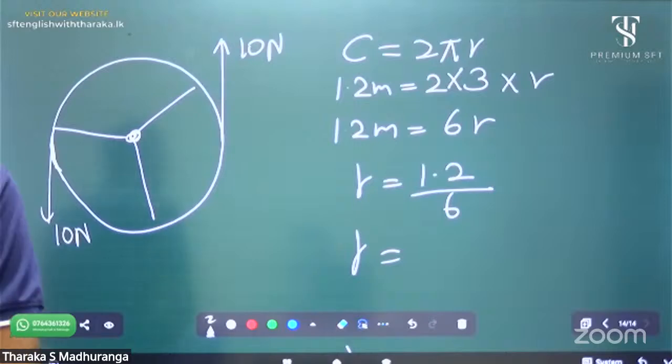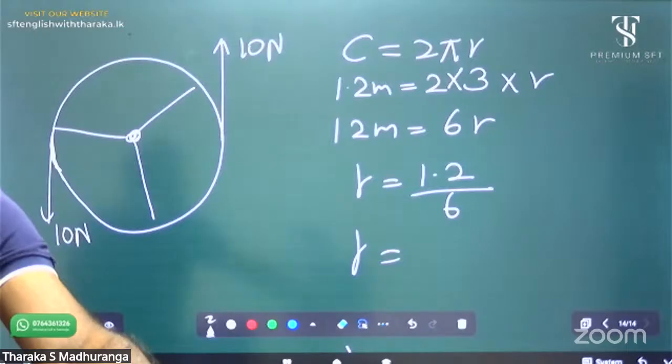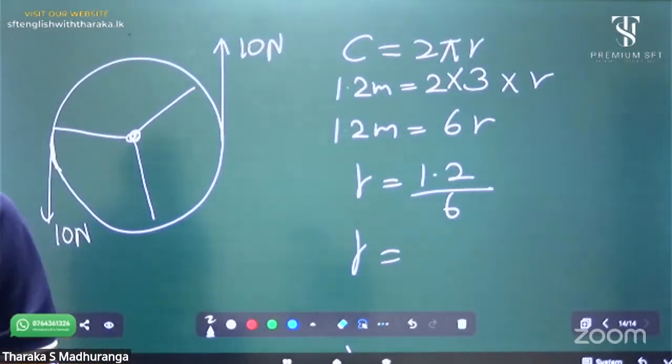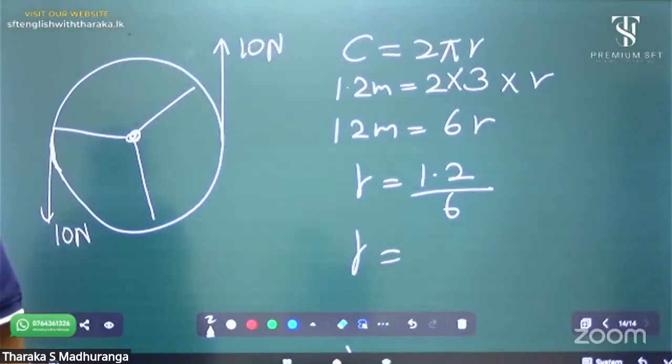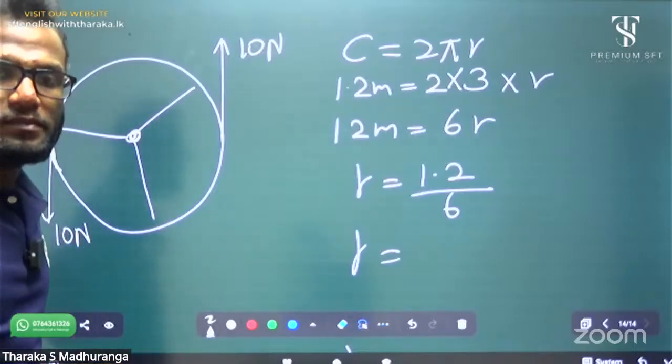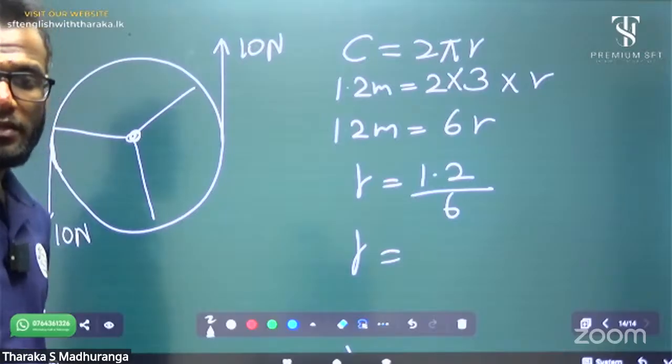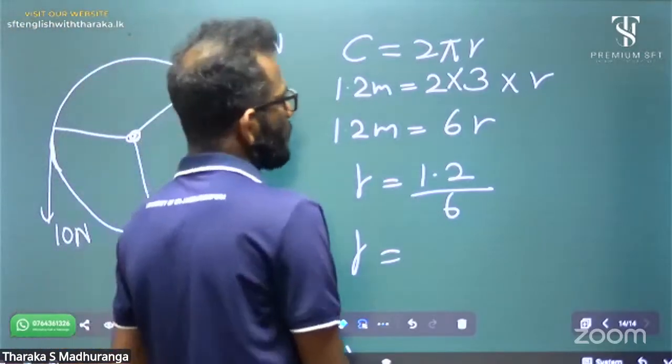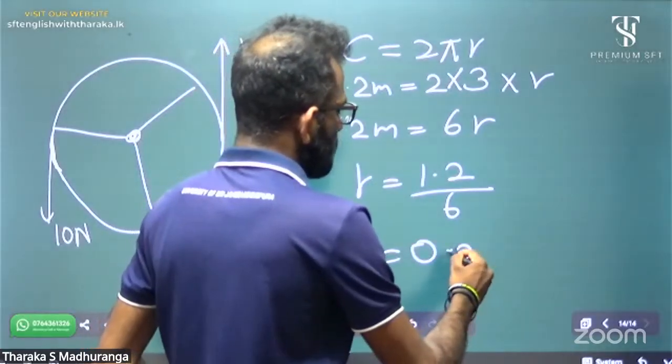So r is 1.2 over 6, it's 0.2, right? Yes, 12 over 60, that means 1 over 5, 0.2 meters.